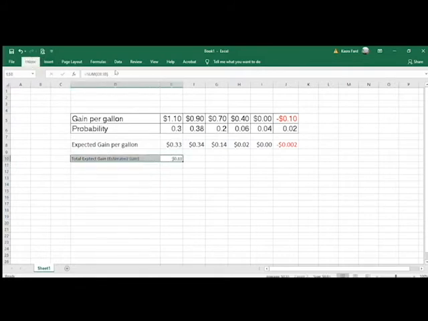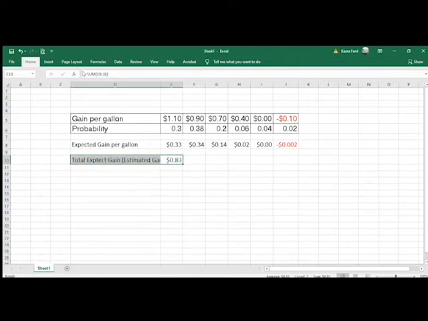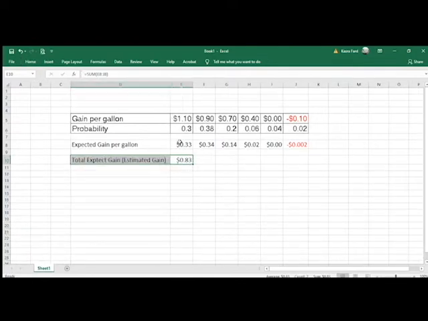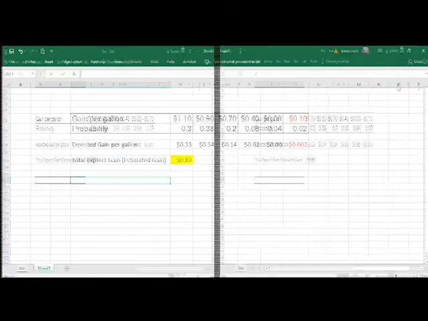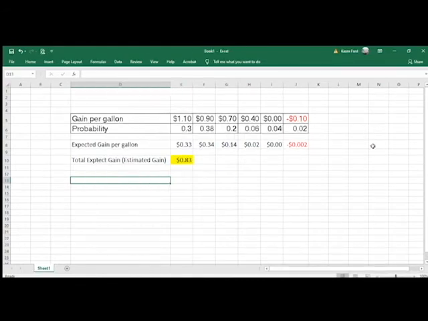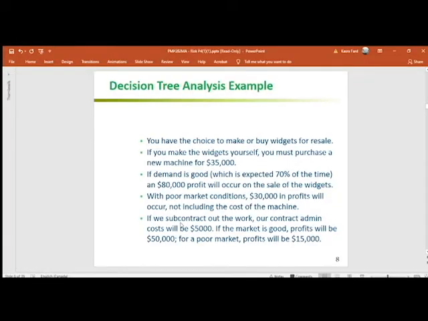But in our case here, we have an expected gain of 83 cents per gallon. As you can see, this is really a weighted average of all these gains, like 30%, 38%, 20%, 6%, 4%, and 2%. We have applied each one of them to the provided gains per gallon, and then we add them up to get the weighted average of all these gains, which is going to be the estimated gain per gallon.